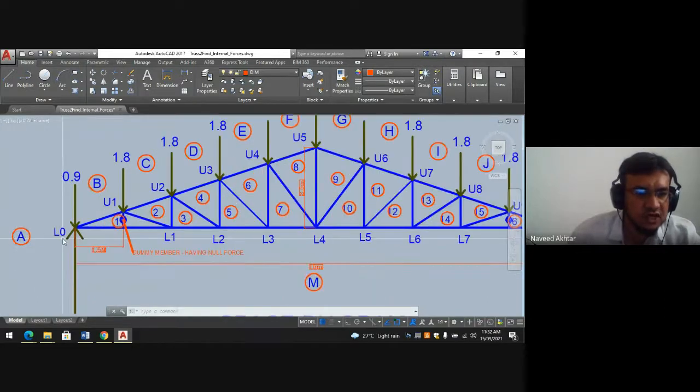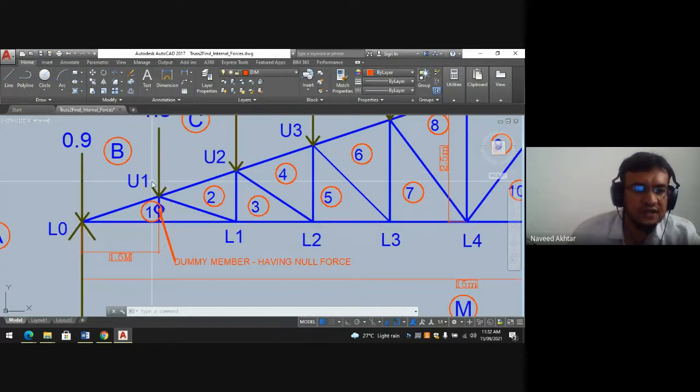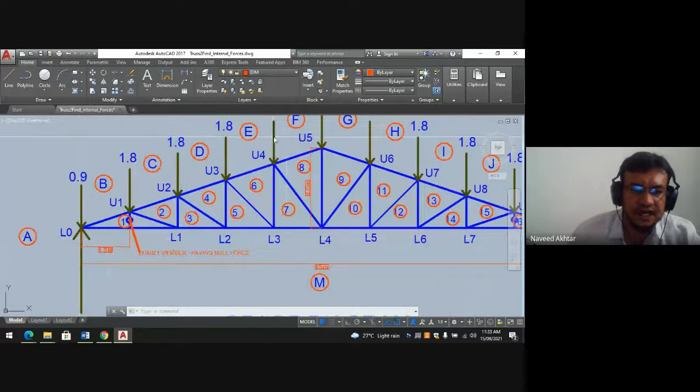If we look here, L0, U1, U2, U3 are the top chord members of the truss, and they are nothing but the rafters. Here you can see L0, L1, L1, L2, L2, L3, L3, L4. They are the bottom chord members of the truss, generally called tie members.